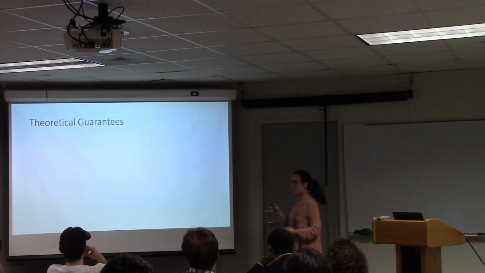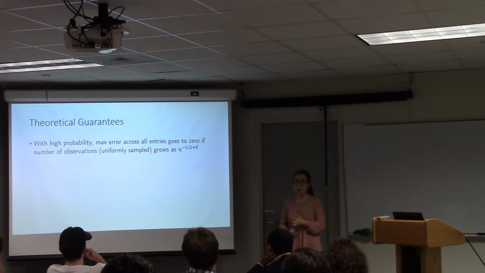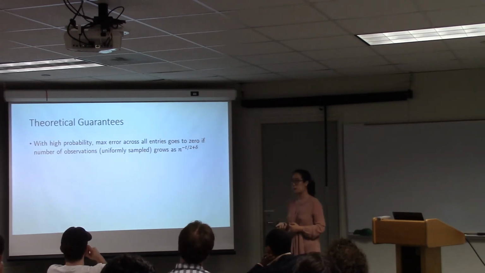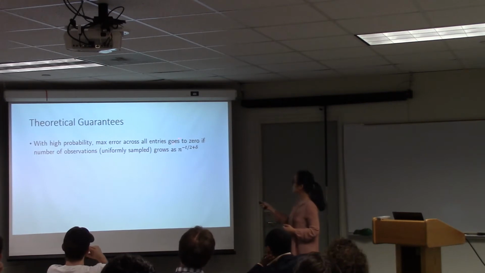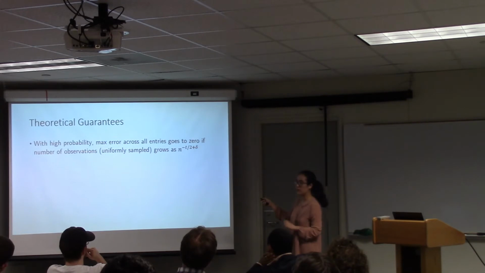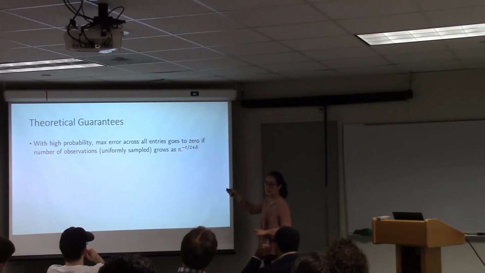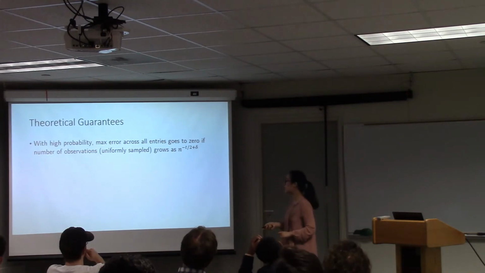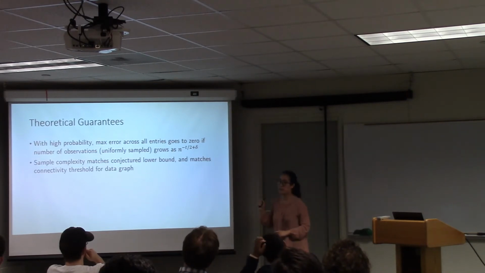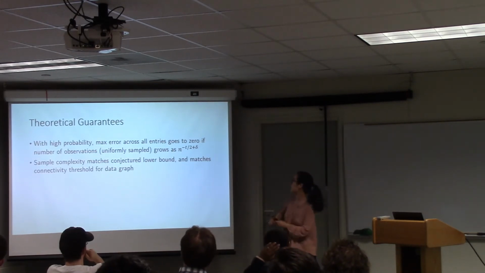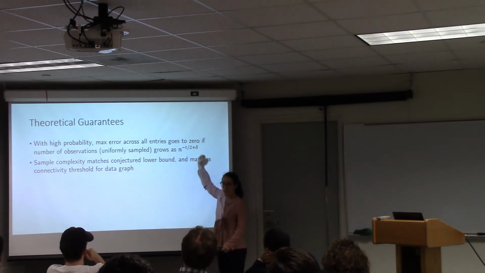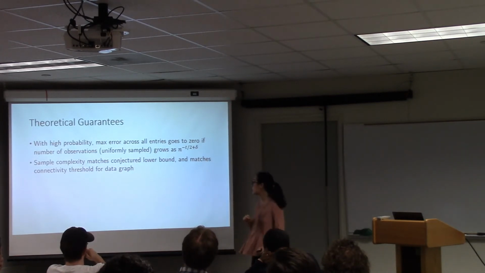In fact, what are the guarantees we can show? We can show that with high probability, the max error over all entries goes to 0 if the number of observations grows as n to the minus t over 2 plus delta, for any constant delta that's positive. T is the order of the tensor. And it turns out that this sample complexity nearly matches, matches minus this delta, a conjectured lower bound.